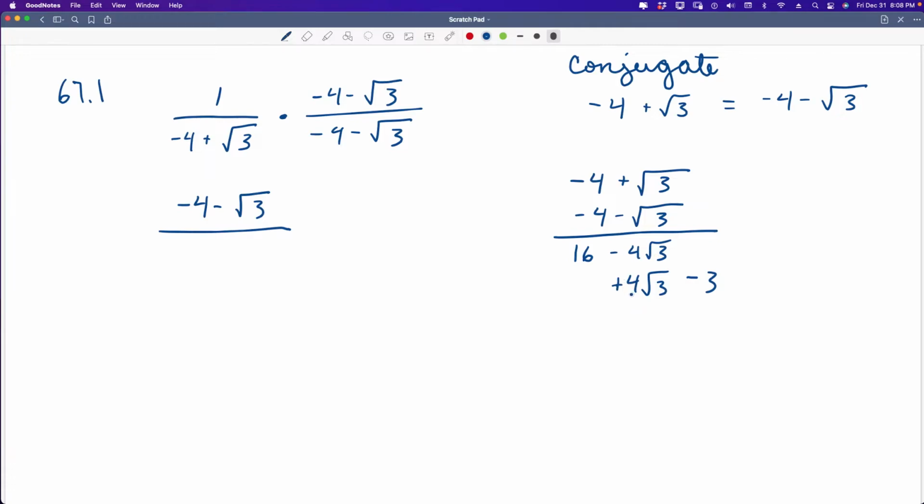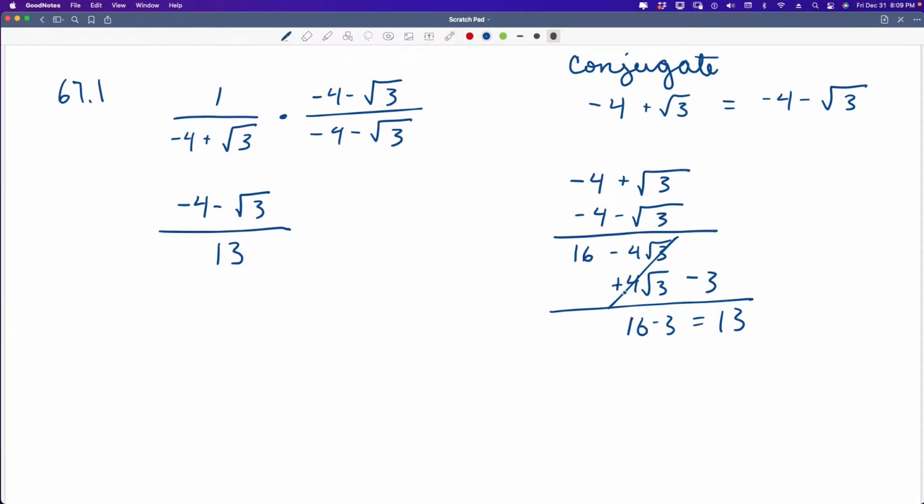If you look, this has created a perfect square, just like we said up here, and it eliminates the square root, because a negative 4 times the square root of 3 and a positive 4 times the square root of 3 cancel each other out. So then we're just left with the whole numbers. 16 minus 3 is equal to 13. And that's what we would put here. All right, do we see how that works?